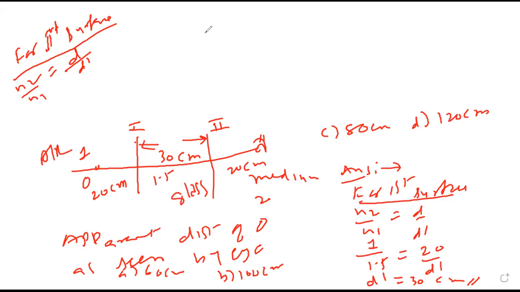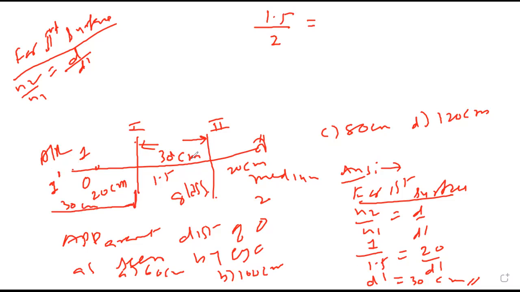Yes, sir. See, for the second surface, N2 is 1.5 and N1 is 2. And D from the first surface is 30 and D dash 30, meaning it will be 60, right? Because when I dash was found, it was at 30 centimeter.